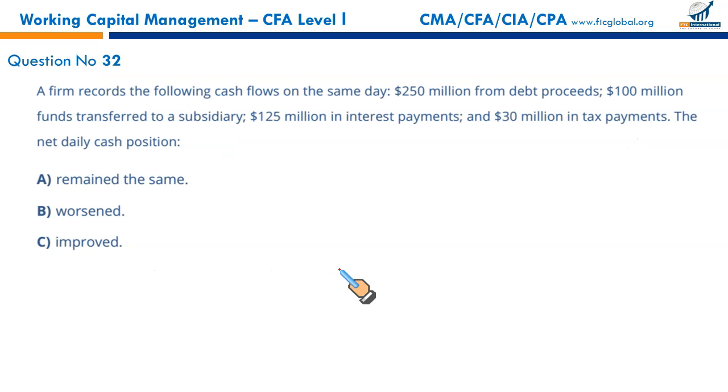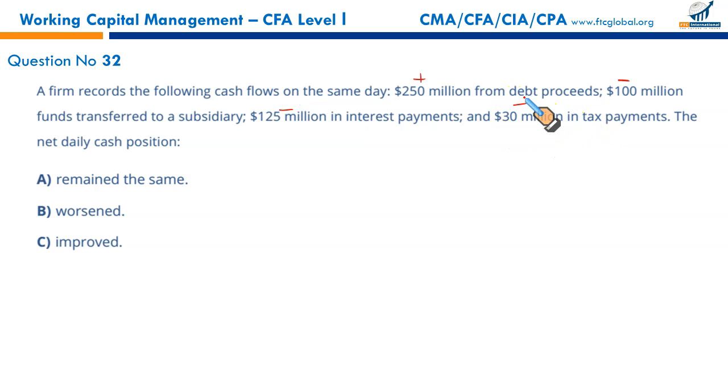Next, question number 32. A firm records the following cash flows on the same day. 250 million from debt proceeds, it's an inflow, plus 100 million funds transferred to a subsidiary, that is an outflow. 125 million in interest payment, it's an outflow. 30 million in tax payments, it's an outflow.